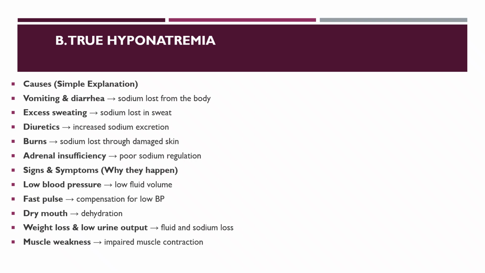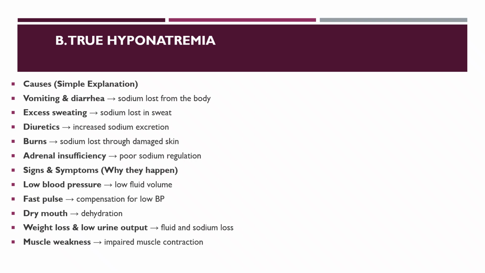So let's look at some signs and symptoms as well and why they happen. You have low blood pressure because of low fluid volume. Then we have a fast pulse because the body will try to compensate for the low blood pressure. Dry mouth because of dehydration, there's loss of fluid as well as water. But wherever sodium goes, water follows mostly.